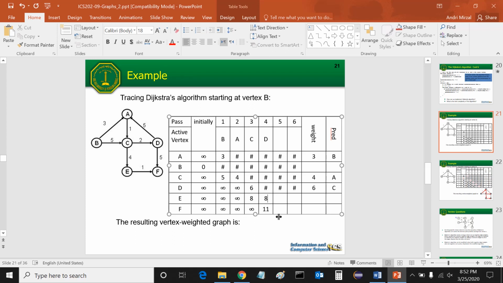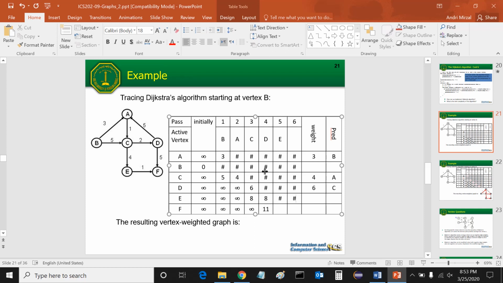Okay. Now again, to determine the next active vertex, we need to find the minimum value in this column. That will be 8. Okay, 8 corresponds to E. So the next active vertex will be E. Because we are already in E, we can say that this is not considered anymore, also this cell.